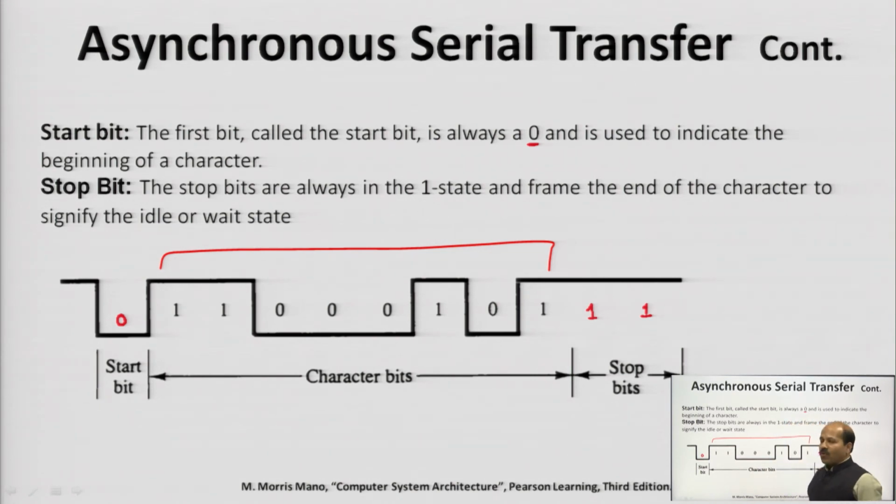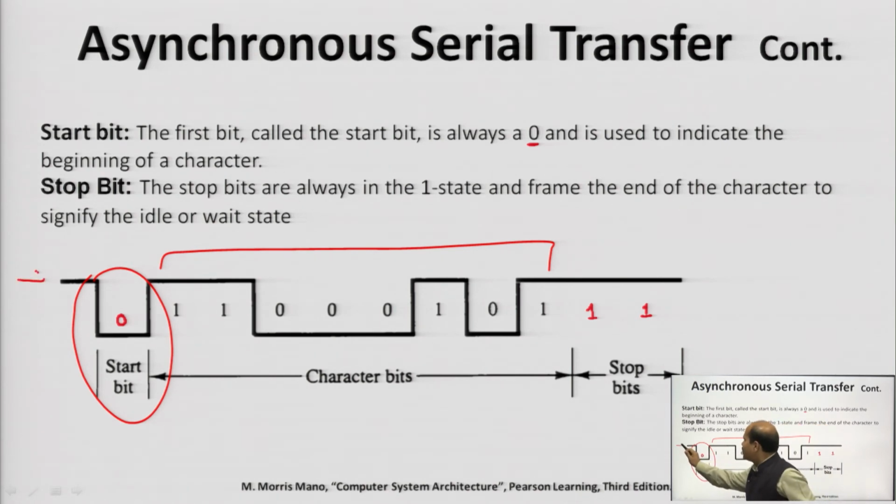As per this protocol, asynchronous serial transfer, we have to attach one start bit here, that is 0, because initially the line was at the higher state or one state. To bring the line to the 0 state or low state, we have to attach the start bit, informing the destination unit that you can start the information now. So, that is why 0 is attached before the information or character bits.